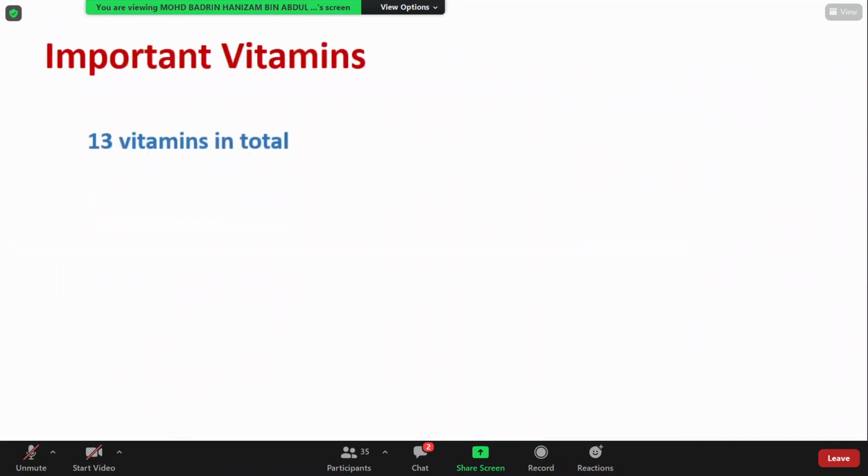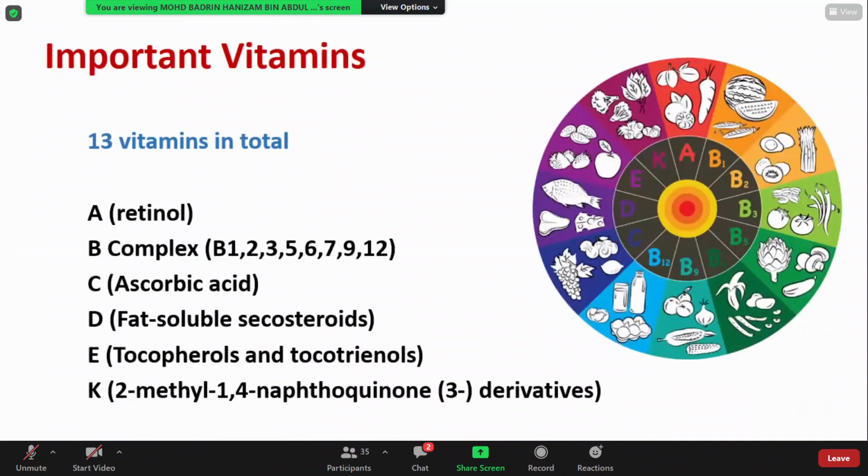So the important vitamins, 13 vitamins in total. Okay. So vitamin A, retinol; vitamin B complex, B1, B2, B3, 5, 6, 7, 9, 12; C, ascorbic acid; D, fat soluble corticosteroid; E, tocopherol and tocotrienols; and vitamin K, 2-methyl 1,4 naphthoquinone derivatives.